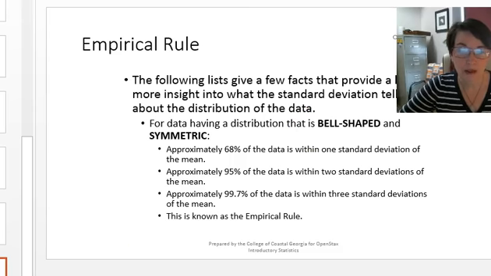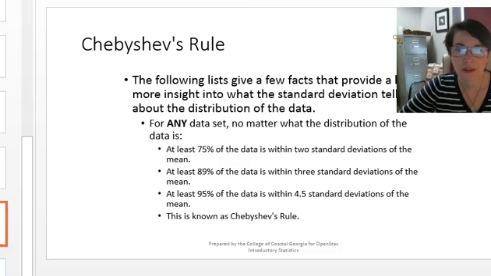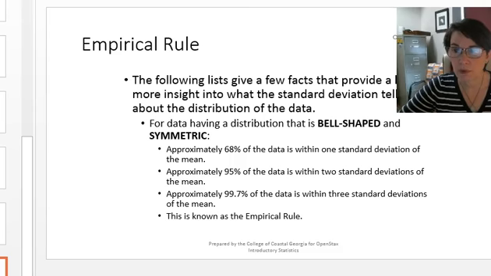This is for bell-shaped data and symmetric data. Chebyshev's is for any data set. Mostly what we'll be working with, because this is Stats 1, will be our bell-shaped data and our normal data. So we can use the empirical rule for almost everything that we do.